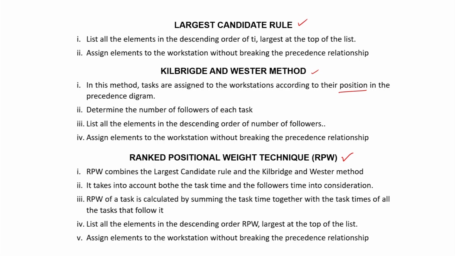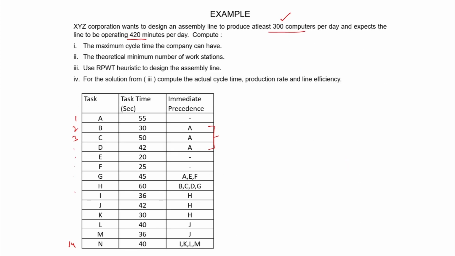Then we list the elements in descending order of RPW and start assigning them from the largest to the smaller RPW element. We will discuss these 3 techniques, starting with the ranked positional weight technique, and we will take one example to explain all 3 techniques.